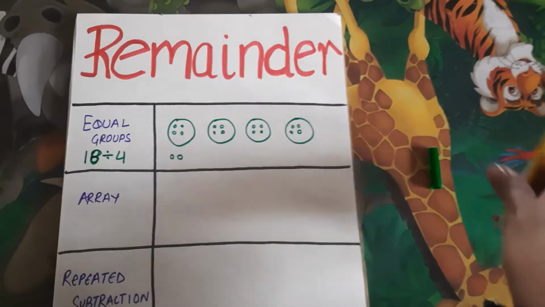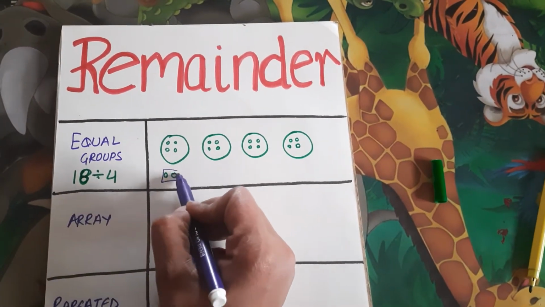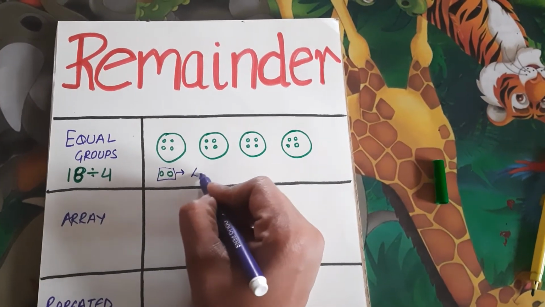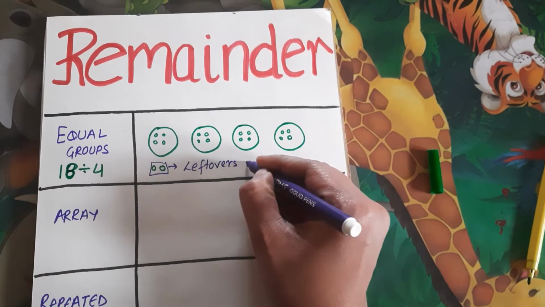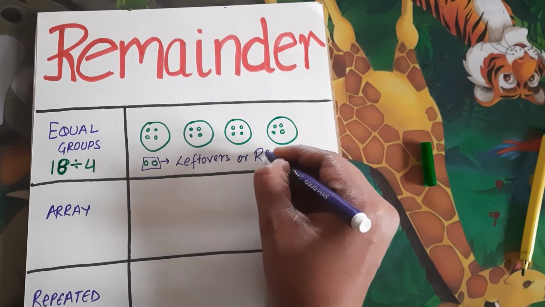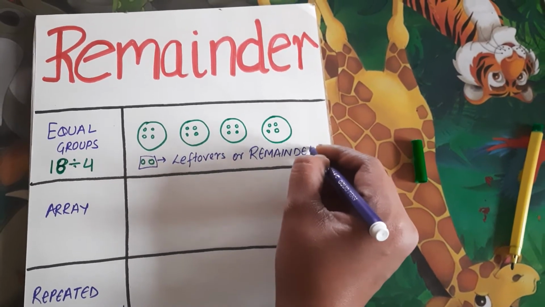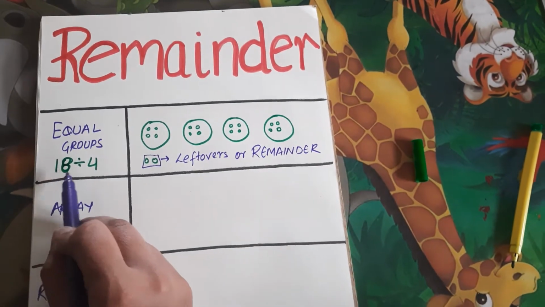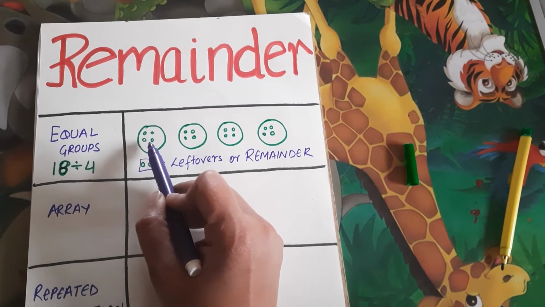So these 2 are my leftovers, or we call them remainder. So if I am dividing 18 by 4, I get the quotient 4.